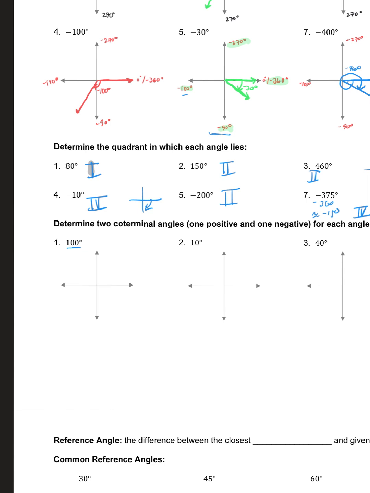So if this is 0 and 360, 90 degrees, 180 degrees, and then 270, I know this is going to wind up in quadrant 2. So I'm going to go a little bit over this 90 degree mark.